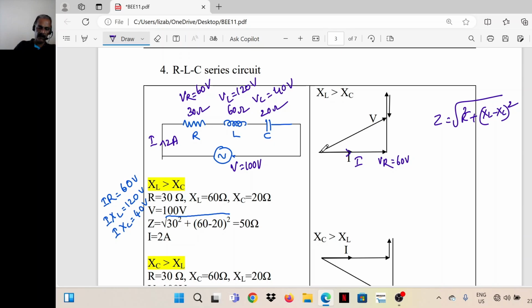So VL should be leading the current by an angle of 90 degrees.